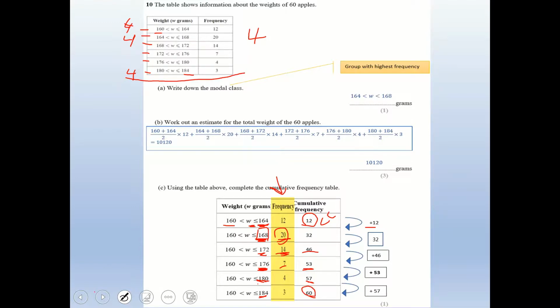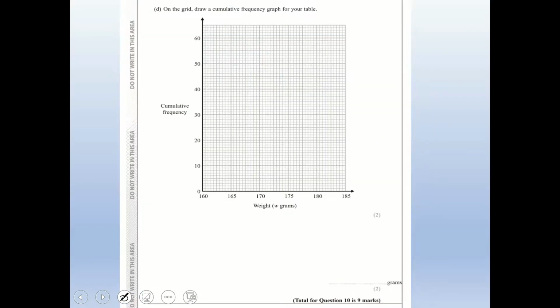That's all we do. Make sure that the last cumulative frequency equals the total number of apples, which is 60. If not, that means you did something wrong in your calculation. And that is that.